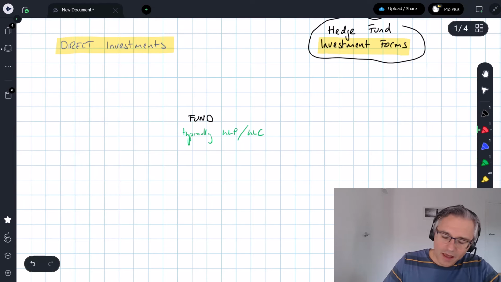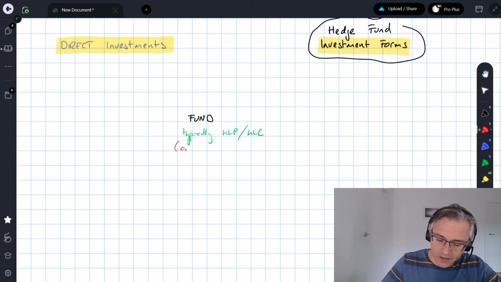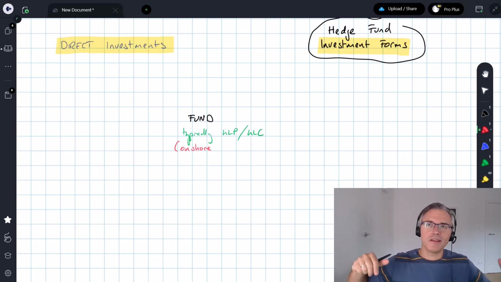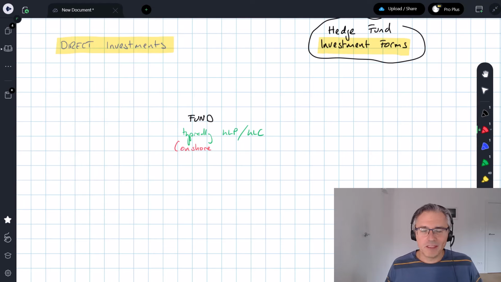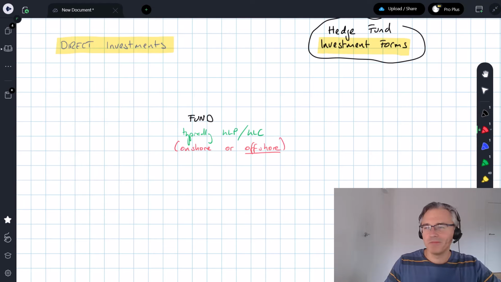Now the fund itself may be registered either in what's known as an onshore location, so kind of on the mainland, so to speak, in a typical location like, let's say, London, the United Kingdom, or the United States, or it could be, typically for tax purposes, registered in an offshore location, like an island location, let's say the Cayman Islands.